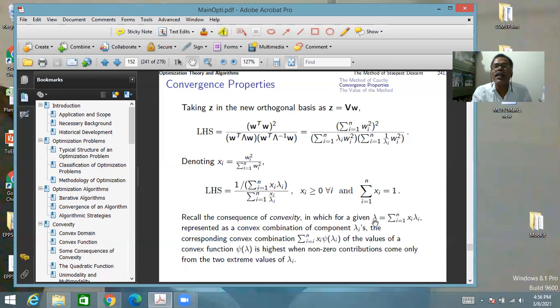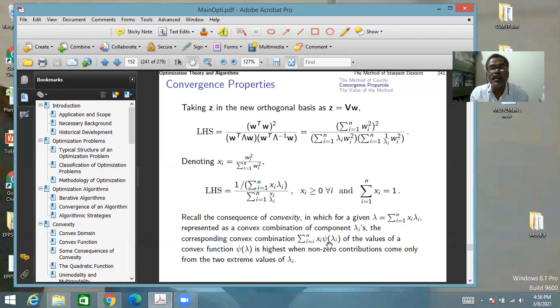That is, by breaking a given lambda as a convex combination of n known values of lambda, we get the maximum value of the sum, the corresponding convex combination of the function values of a convex function psi, when the contribution here and here comes only from the two extreme points, that is lambda min and lambda max.